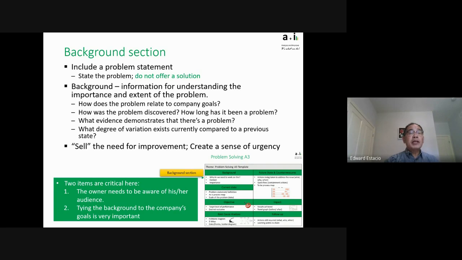Why do we need to make that improvement? Let's create a sense of urgency, right? So when presenting this, the owner needs to be aware of the audience itself, especially when you're trying to sell it, especially if you're going to be spending time and resources on the project. And make sure we tie it to the company's goals, which is really critical here.